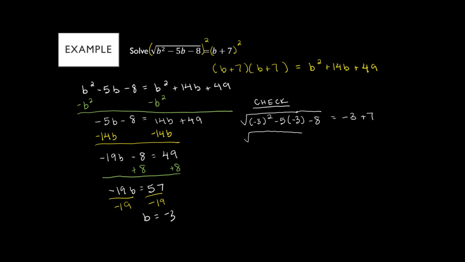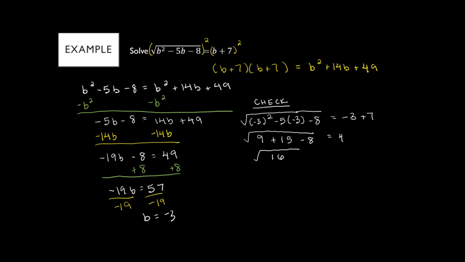So as we go through, on the left, negative 3 squared is 9. The negative 5 times negative 3 is 15. And then I have minus 8. And on the right, negative 3 plus 7 is 4. So 9 plus 15 minus 8 is 16.